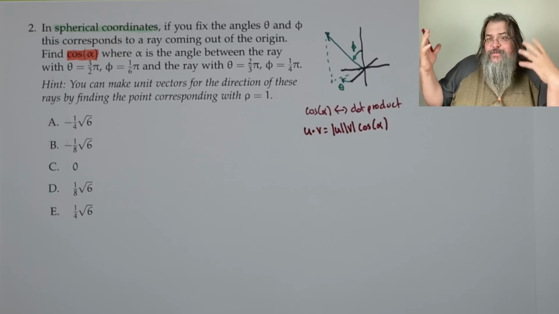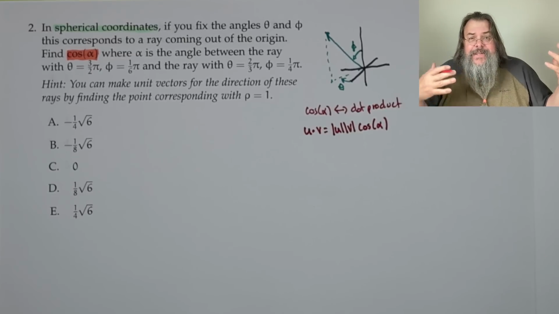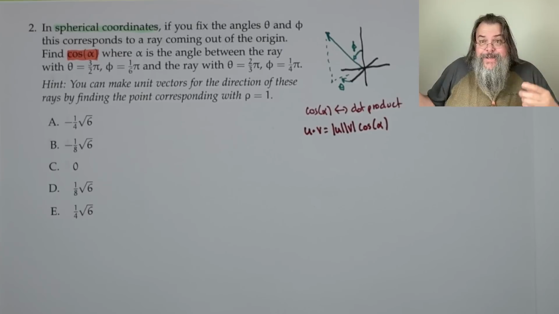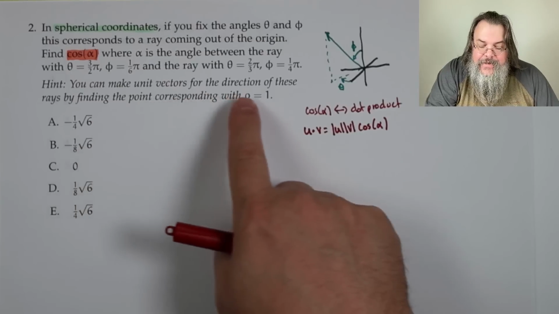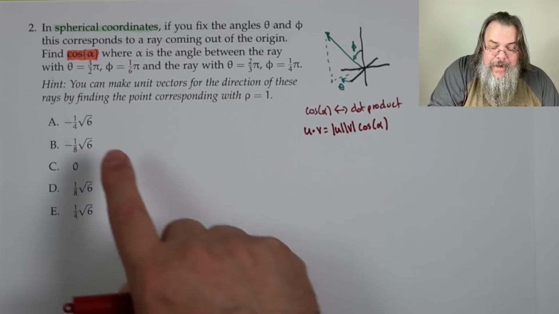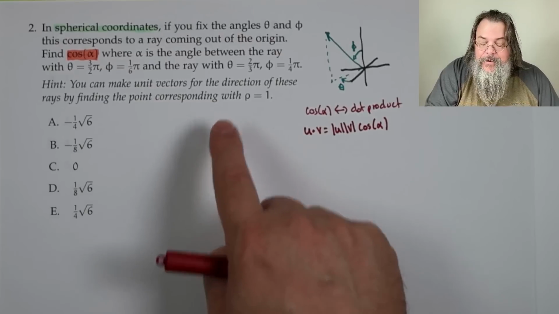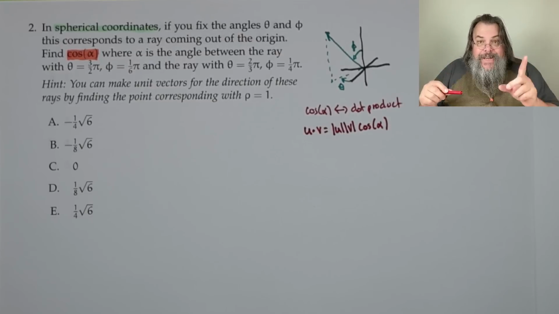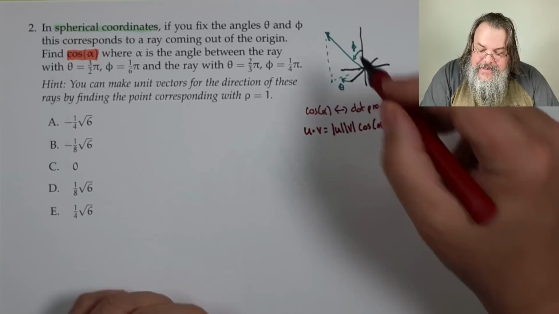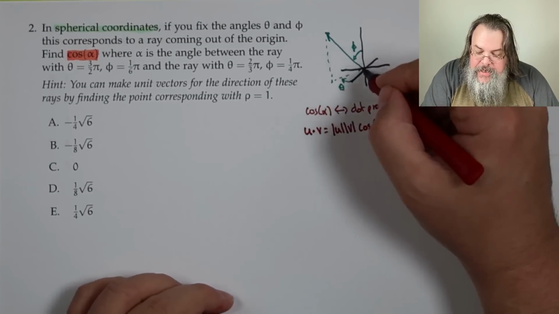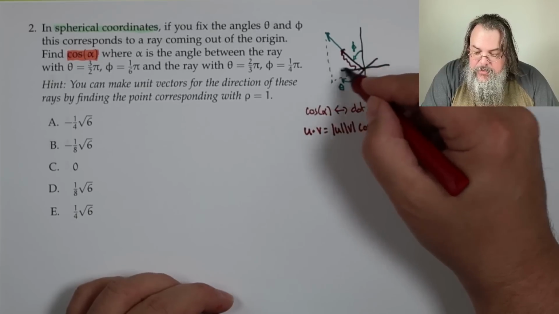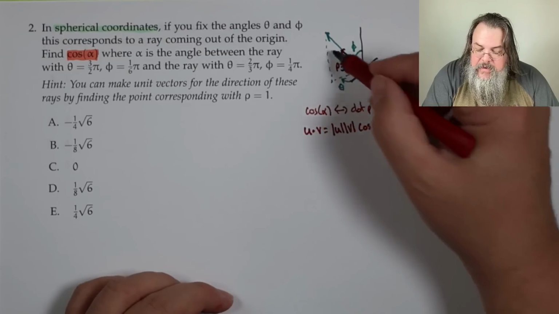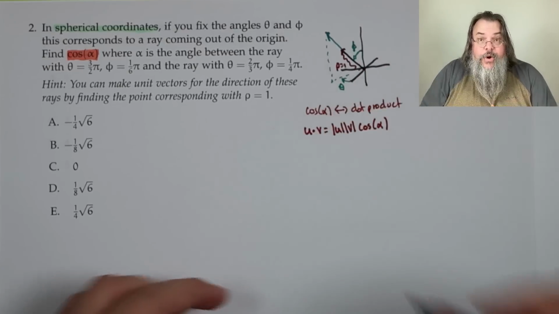All right. So we have dot product on our mind, but you're probably thinking, well, wait a second, these are rays and not vectors. How do we get unit vectors? There's a hint. You can make unit vectors for the direction of these rays. Oh, that's going to be really good. By finding the points corresponding with rho equals 1. Right. Okay, so here's the idea. If I'm coming out of the origin, if I go out to a distance where rho equals 1, that has length 1, because rho is distance.